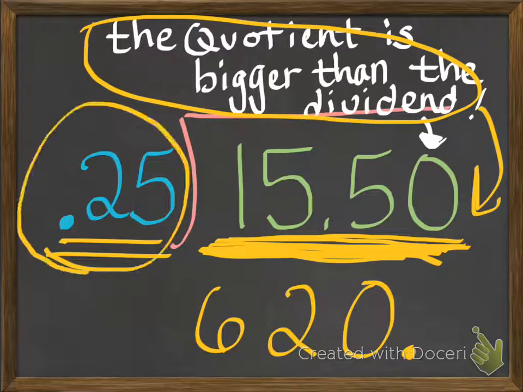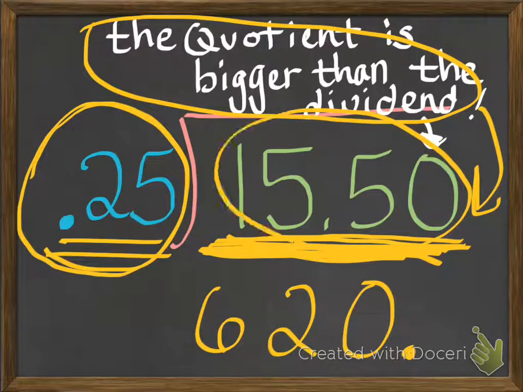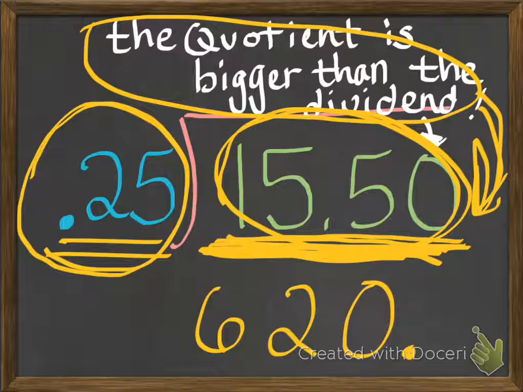That if this is less than 1, and this is greater than 1, then the quotient is going to end up being a bigger number than the dividend. All right, so that's just something to keep in mind.